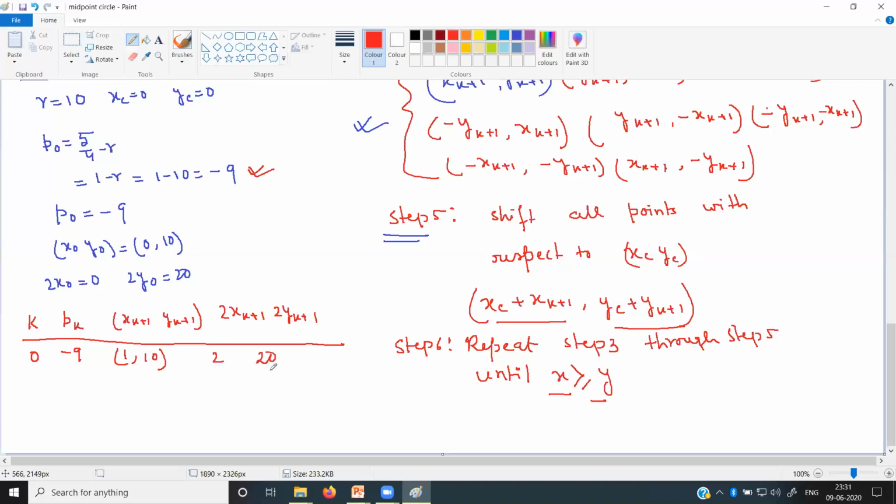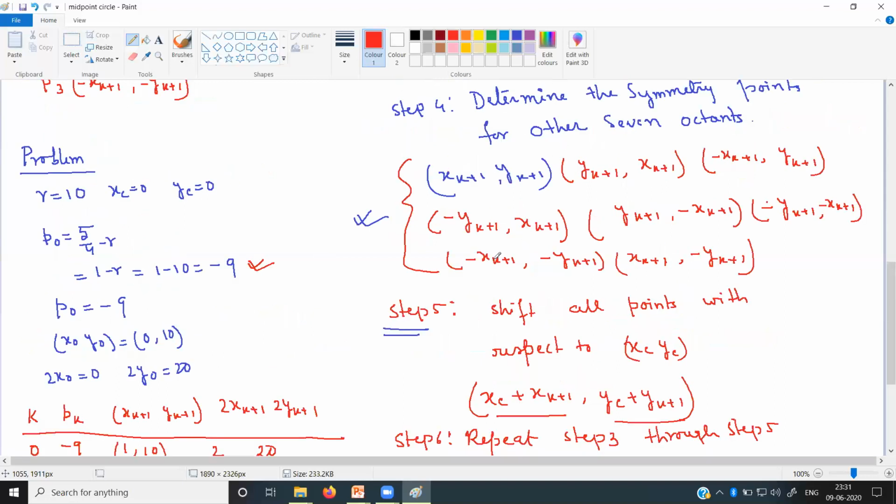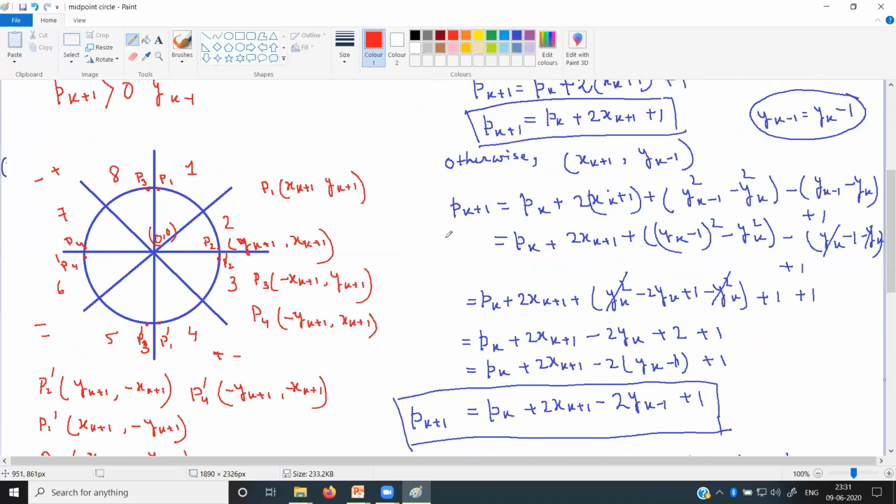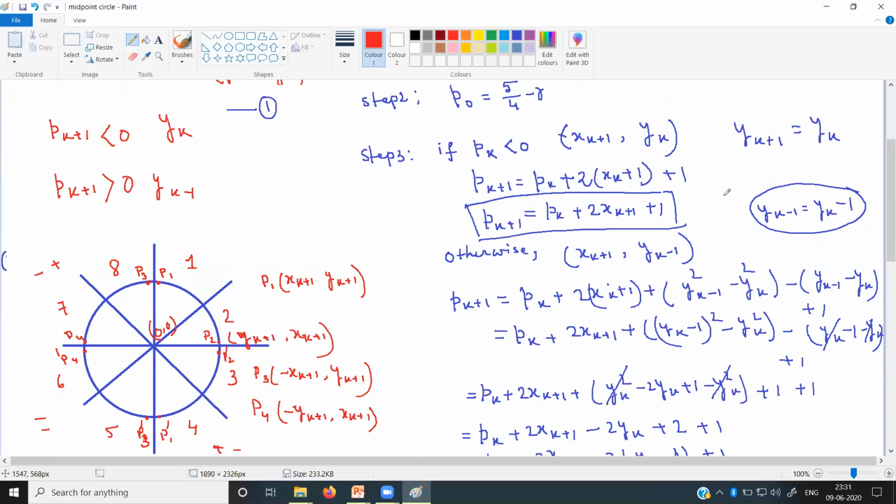As we are considering that the y value for the next iteration is y, which decision parameter do we have to compute now? We have to compute this one. Using this equation we will compute the next decision parameter. As pk is less than 0, for pk less than 0 the next decision parameter will be computed by following this equation.